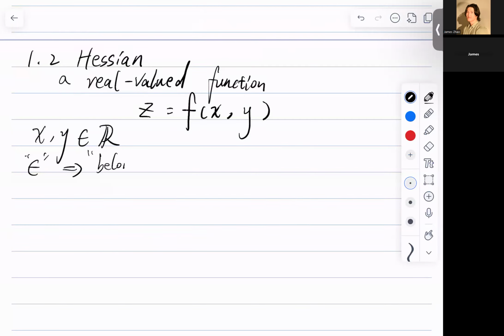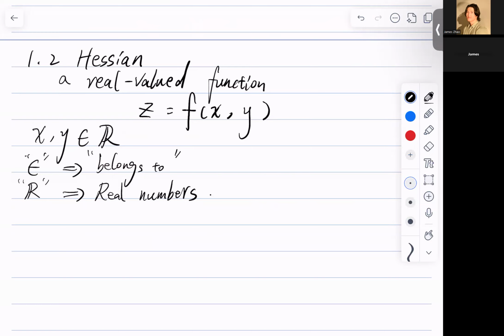So interpret this as belongs to. And here for R, this means real numbers. So basically, this just means that x and y are real numbers. They belong in the set of real numbers.